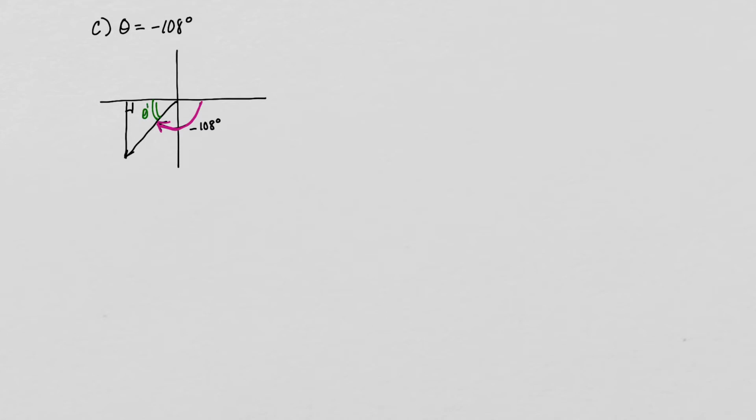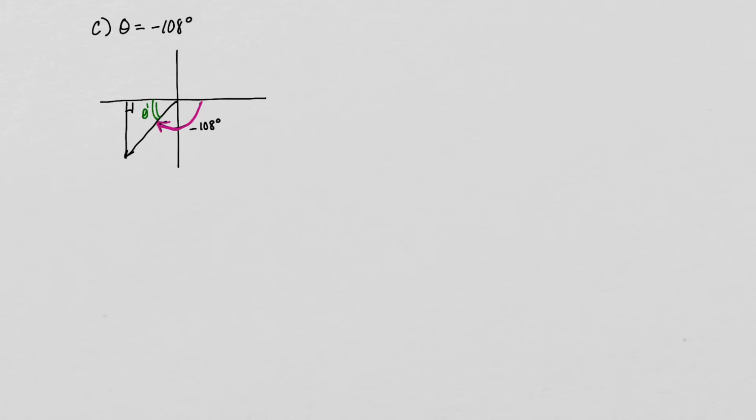Would anyone want to take a guess what we would do to figure out what theta prime is? Okay, so the arrow didn't go up this time because the angle was negative.